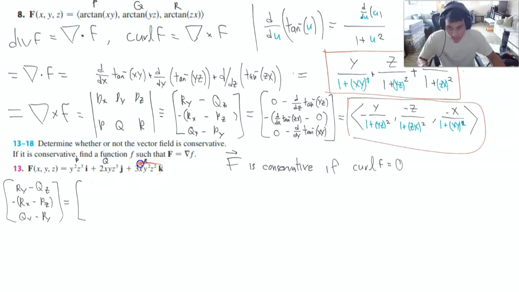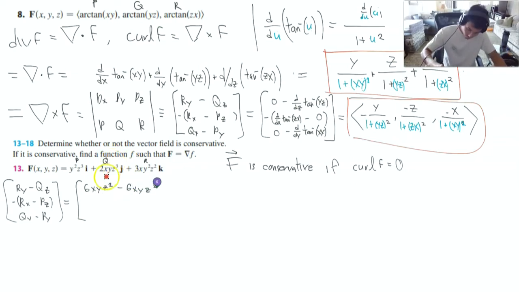We're going to take this with respect to y. It's going to be 6xyz squared. Okay, everything else is a constant except the y squared term. And the minus q with respect to z. So it's going to be 6xyz squared.